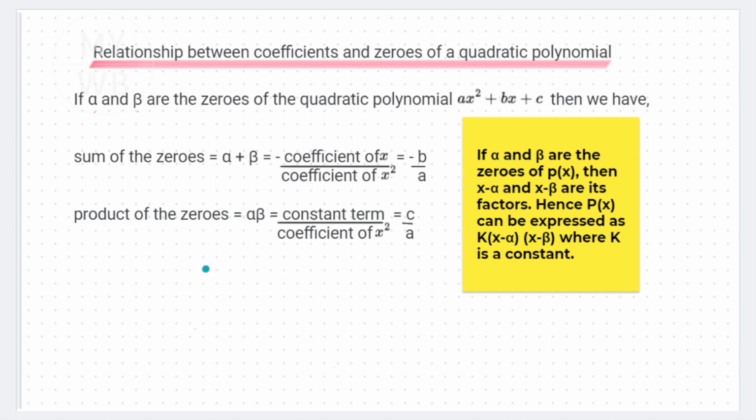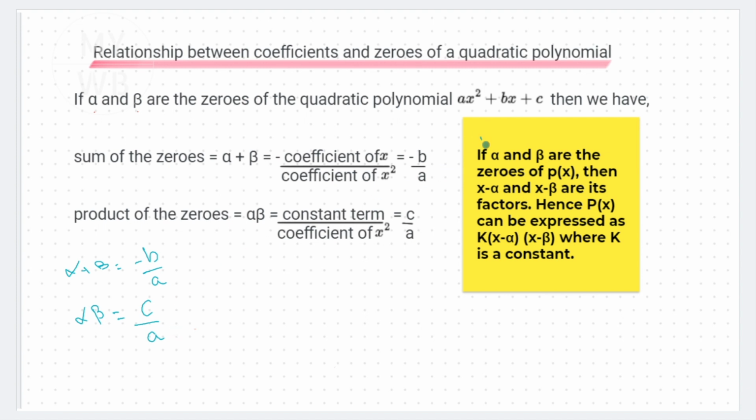So the sum of the zeros alpha plus beta is minus b by a. Similarly, the product of the zeros, which is alpha into beta, is given as the constant term c by a, where a is again the coefficient of x square. So this gives the relationship between the sum and product of the zeros and the coefficients of a quadratic polynomial.